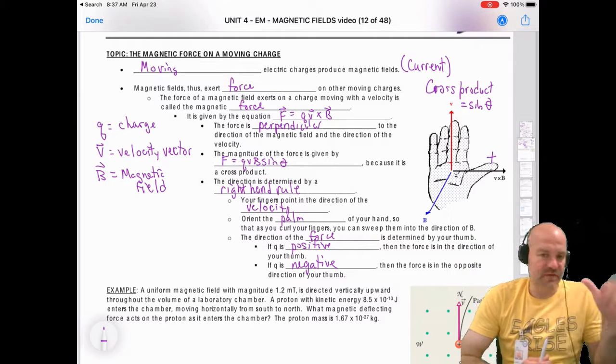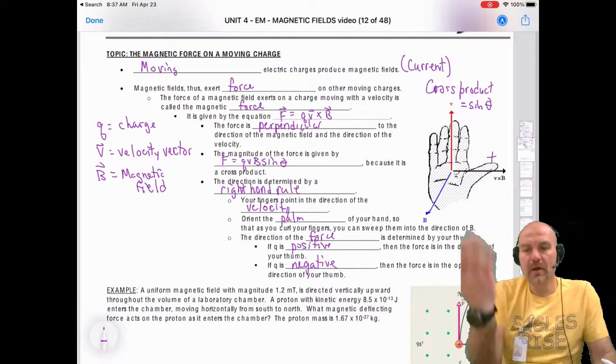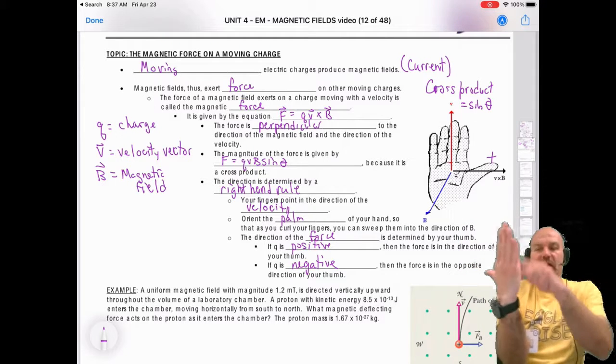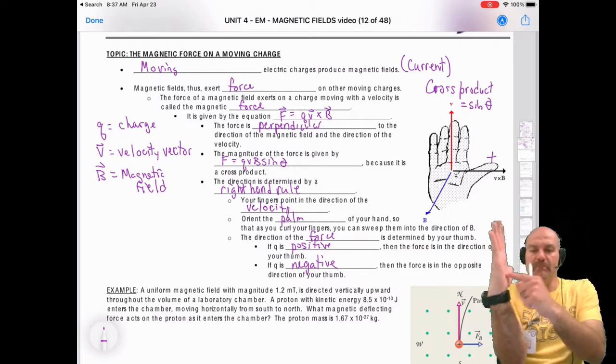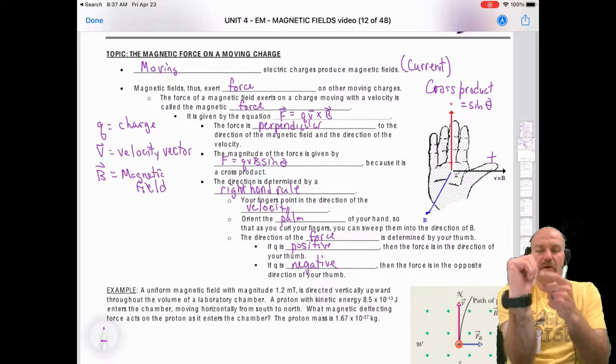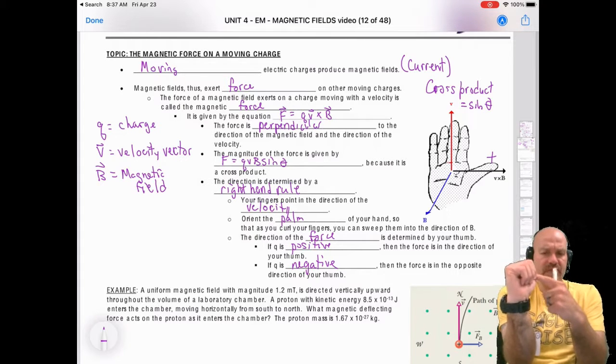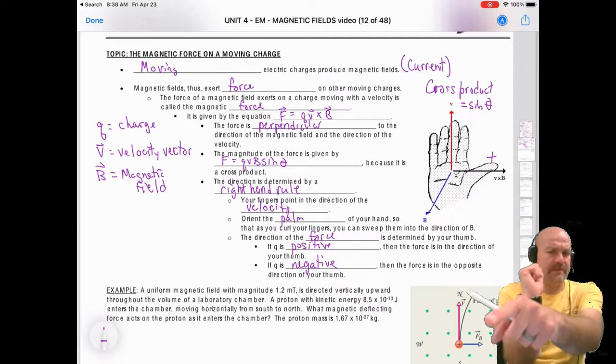You could also use your left hand and do the same thing, and it'll point in the negative direction. But all you have to do is take velocity, curl your fingers toward the magnetic field, and the thumb points in the direction of the force. Oh, but it's a negative q, so my force is actually in the opposite direction.